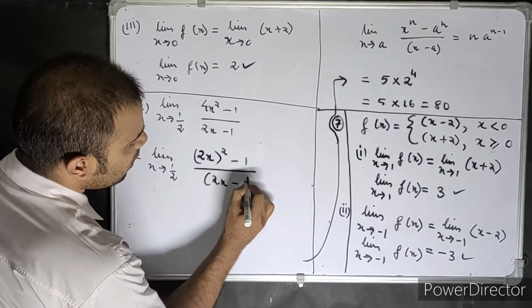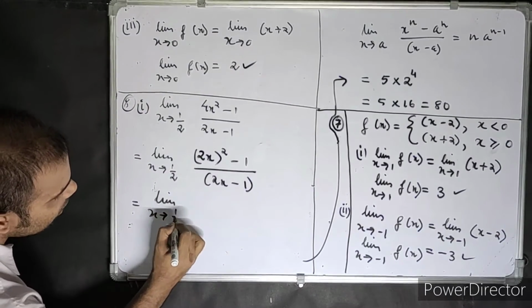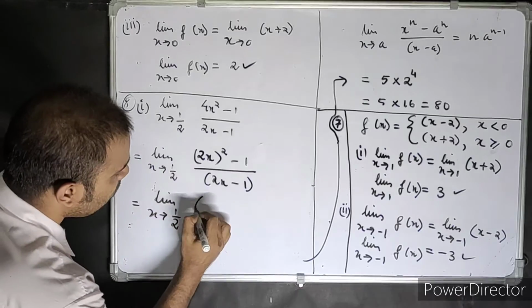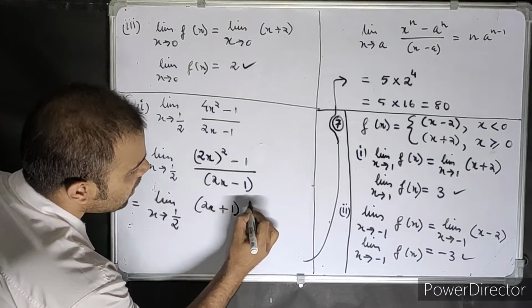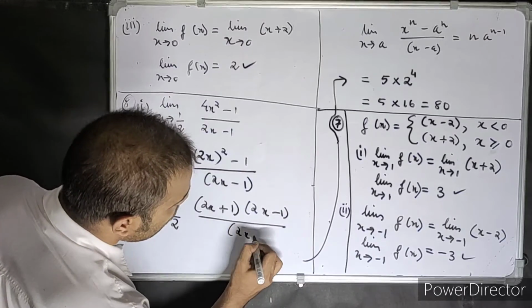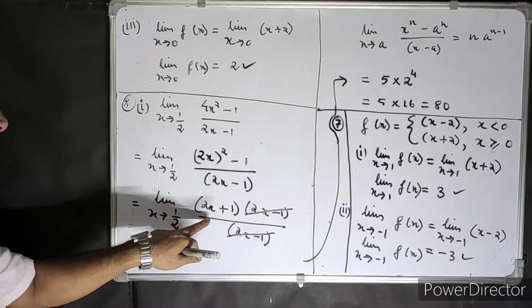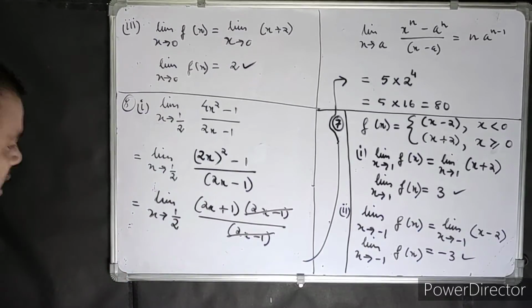You can make it shorter, since you already know what you have to do. Instead of doing one extra step, you can write 2x plus 1 and 2x minus 1 divided by 2x minus 1, cancel them out. Put the value half here, you're going to get 1. So 1 plus 1 is 2. That's the answer for this.